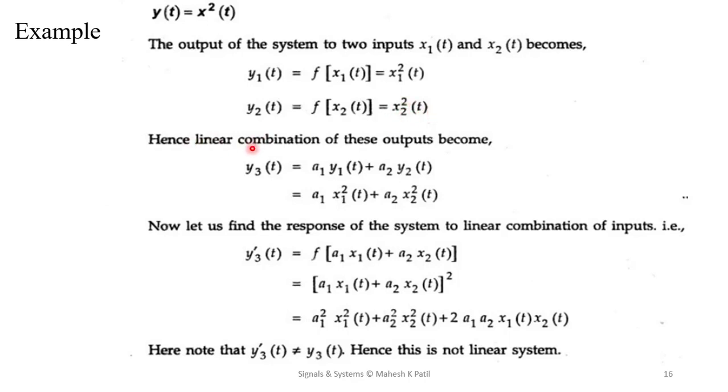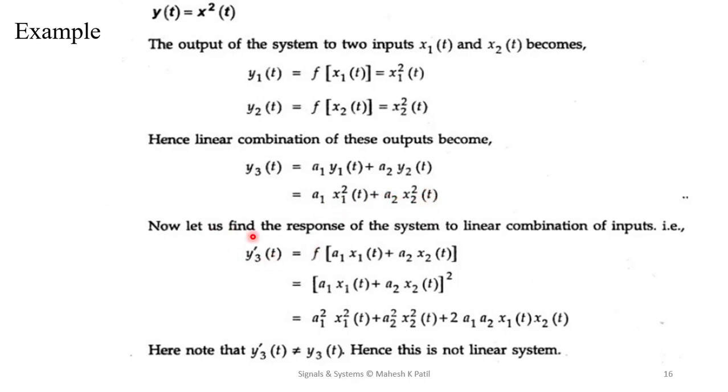Now we'll do the linear combination of these two outputs, so let y3 of t be the output. So y3 of t is equal to a1 y1 of t plus a2 y2 of t. We'll put the values of y1 of t and y2 of t here. So this will become a1 x1 square of t plus a2 x2 square of t.